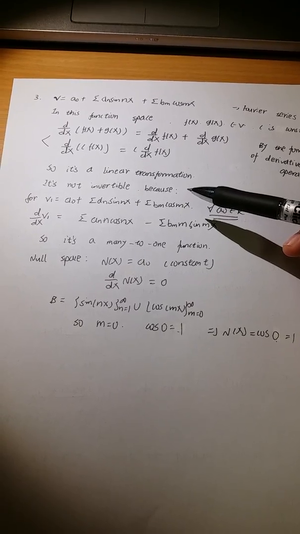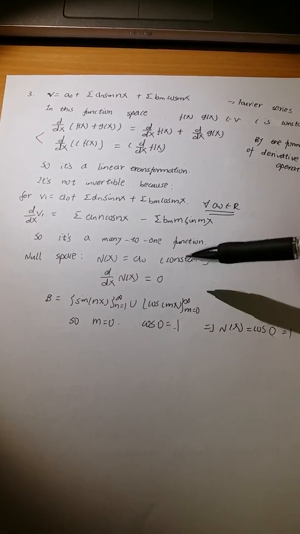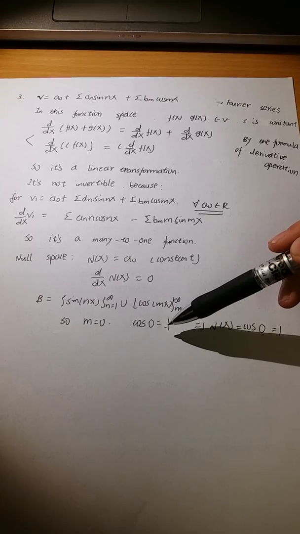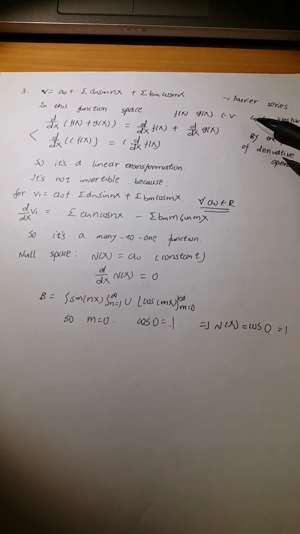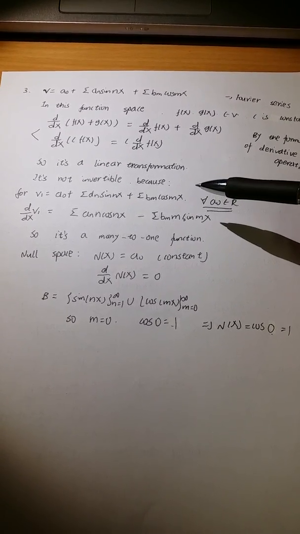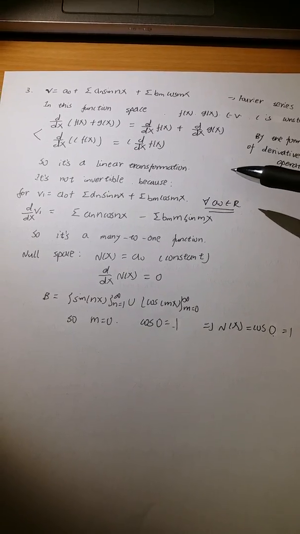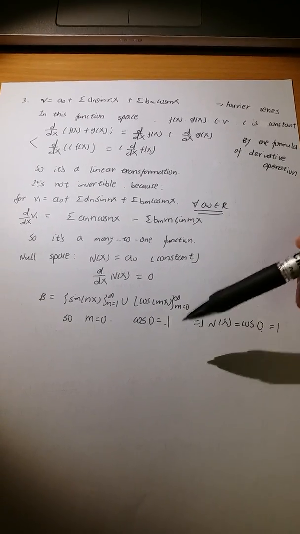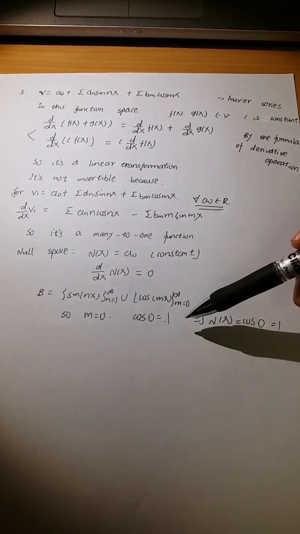However, it's not invertible because when the value of m equals 0, then there must exist a constant function whose value equals 1, because cosine 0 equals 1.